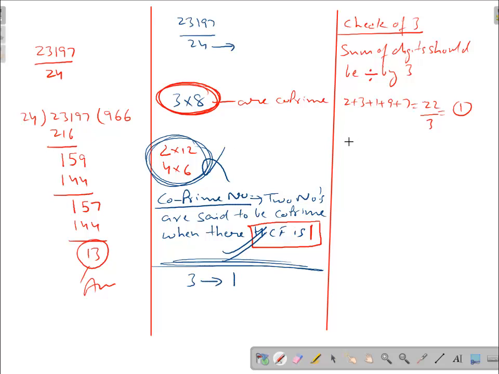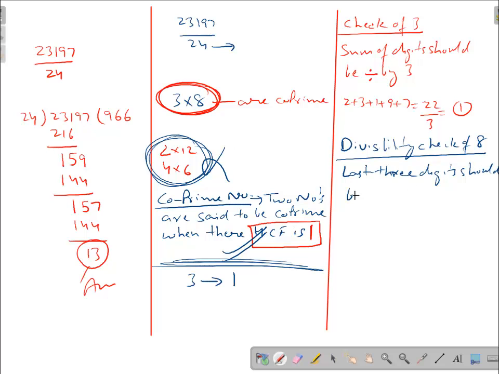Now, divisibility check of 8, students. Last 3 digits should be divisible by 8.